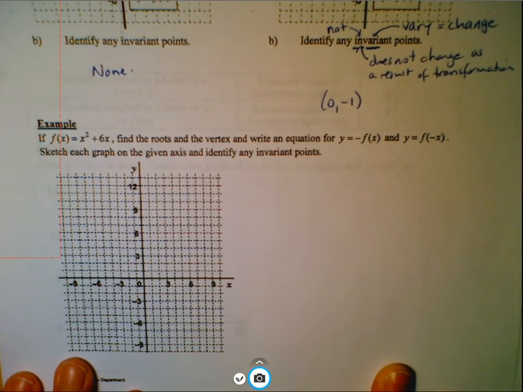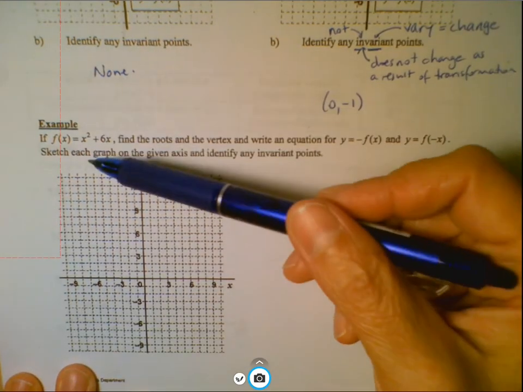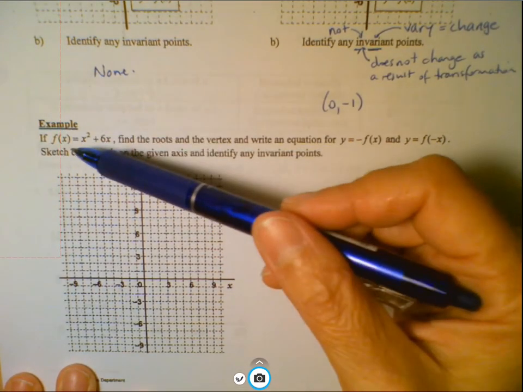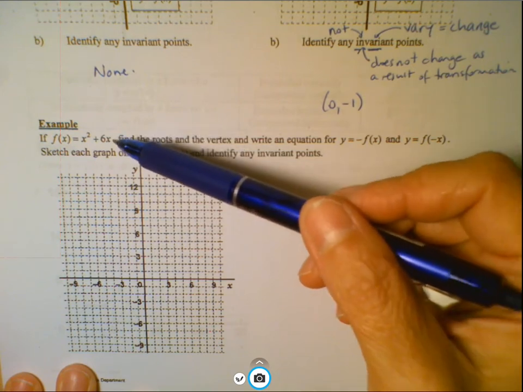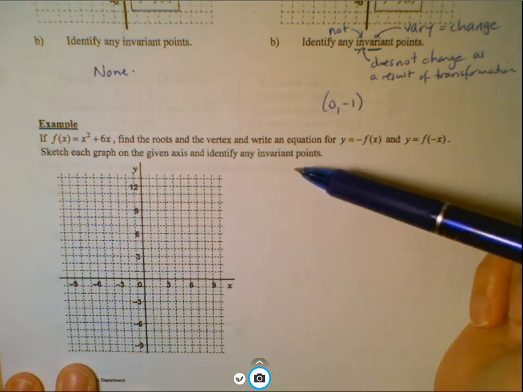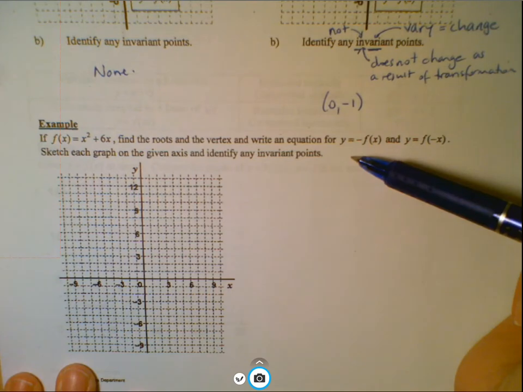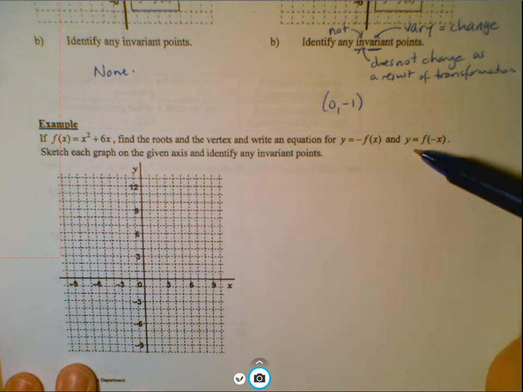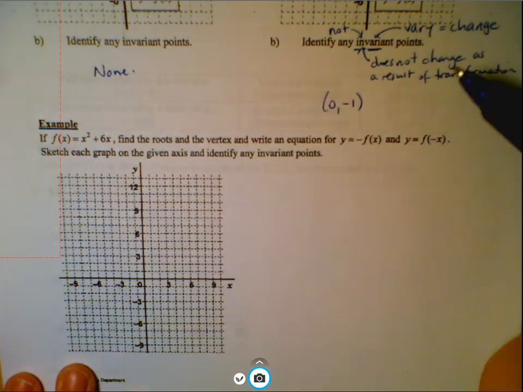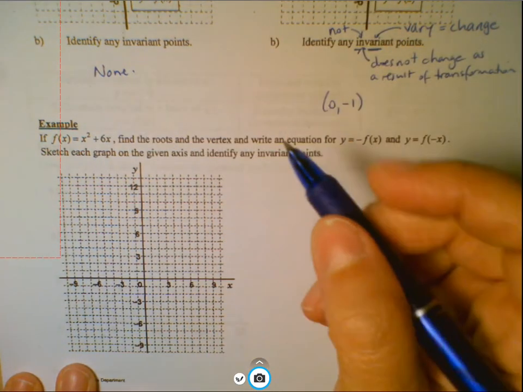This exercise down here is asking us to graph. So this is a good reminder of how to graph parabolas. So it's graph this parabola, find the roots and the vertex, and then it wants you to write the equation for these two and sketch them. Let me just review how to graph this one.